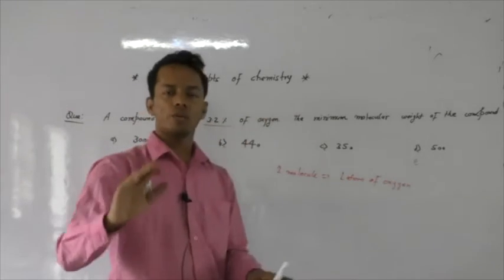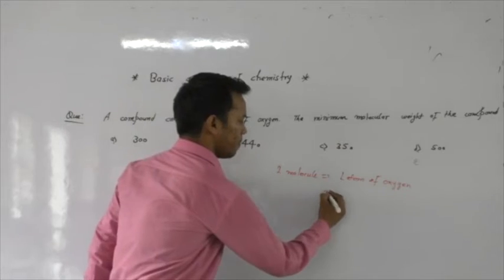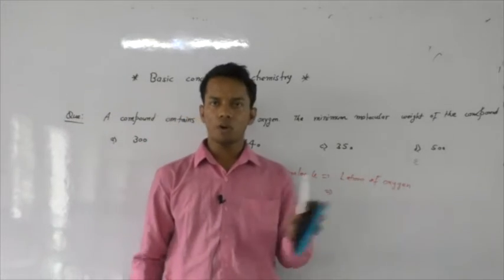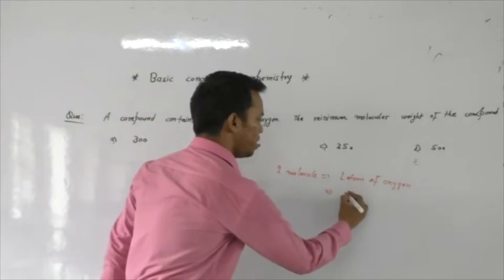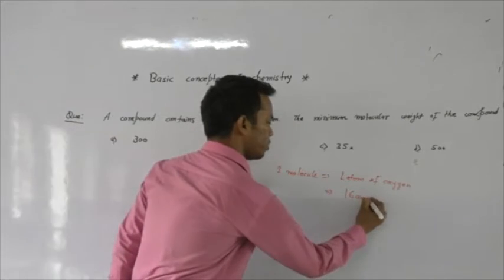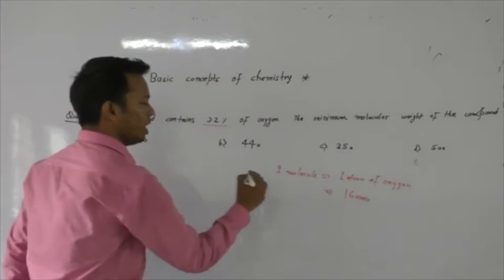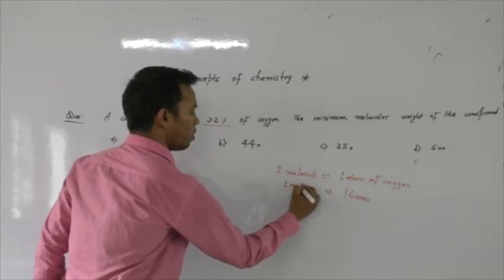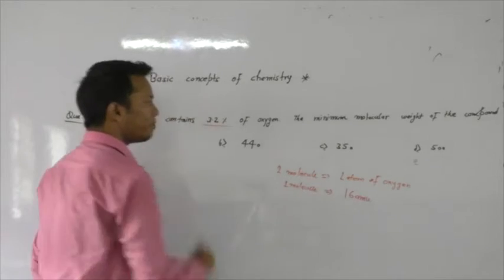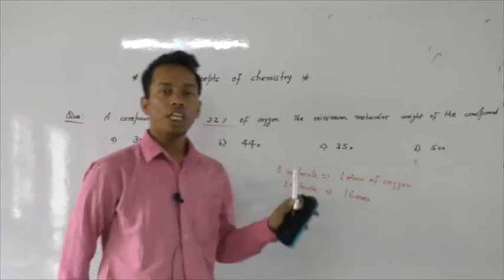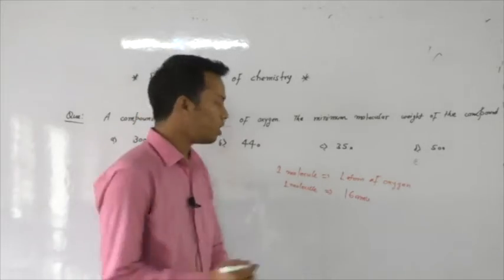And for 1 atom of oxygen, what will be the mass? You know, the atomic mass of oxygen is 16 AMU. So 16 AMU for 1 molecule, correct?